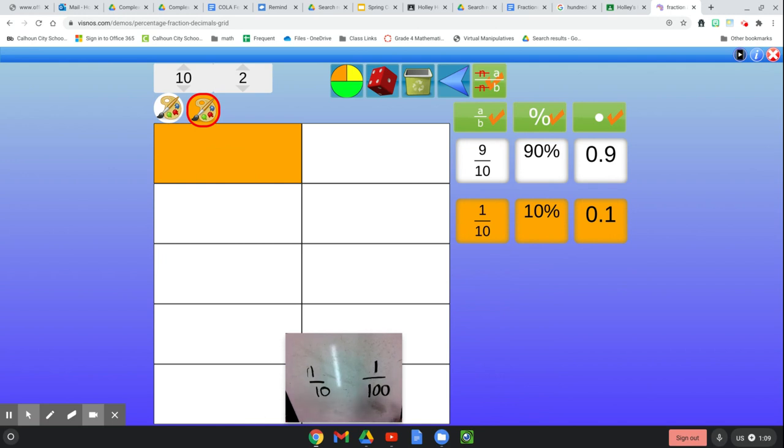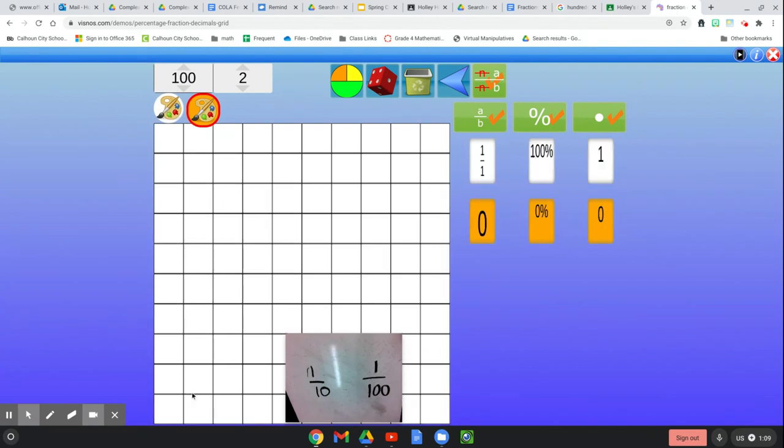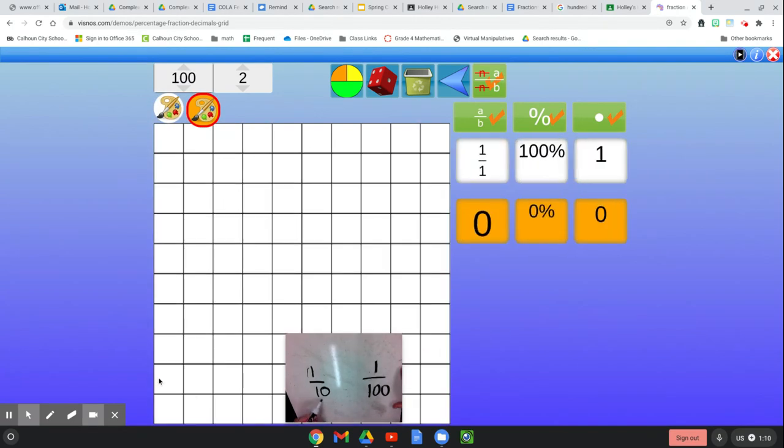Now, how could you show 1/10 when there are 100 squares on your grid? Say I wanted to make it all out of 100. How could I show 1/10 on a 100 grid? Does anybody know?